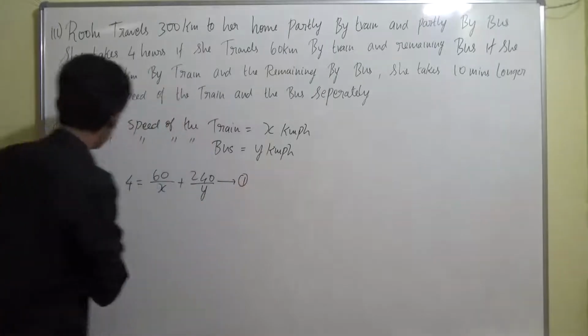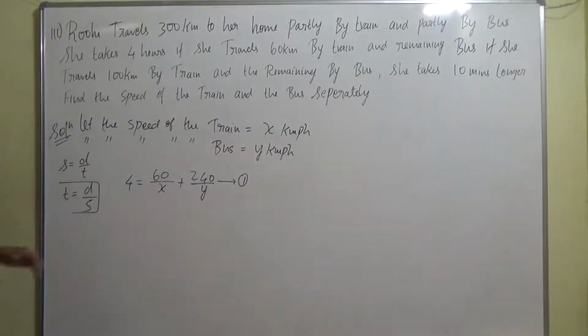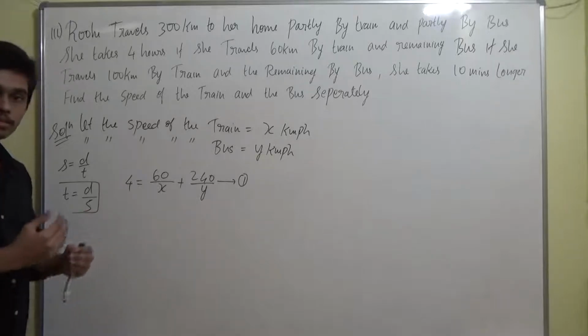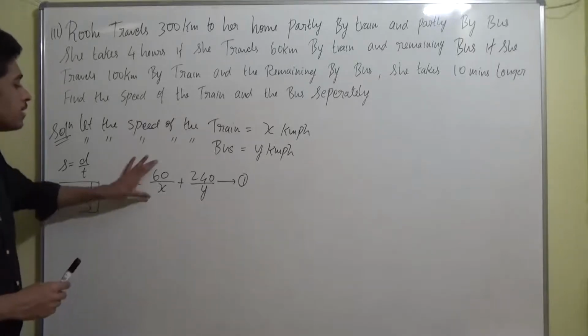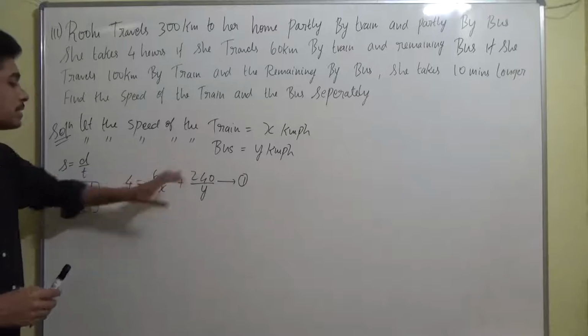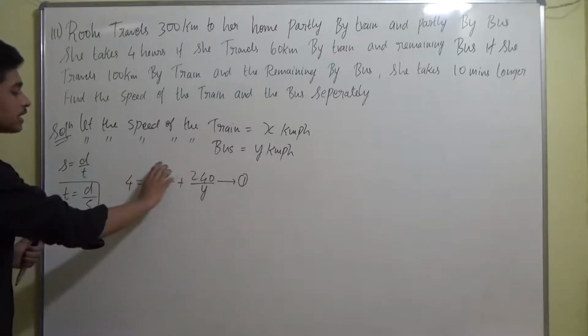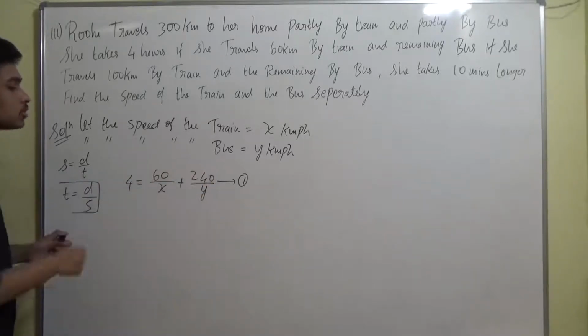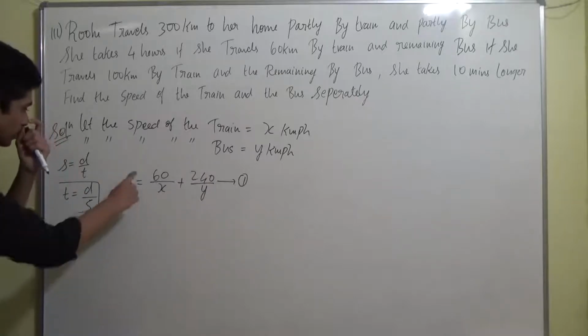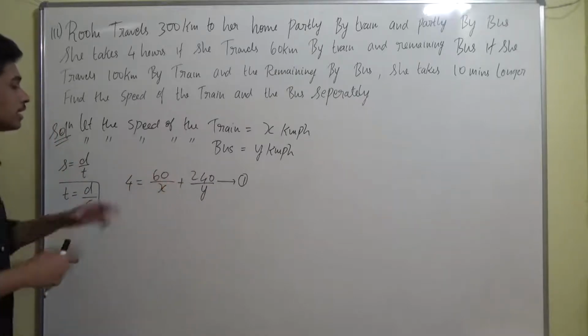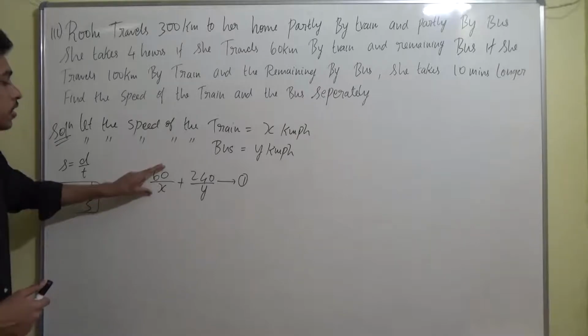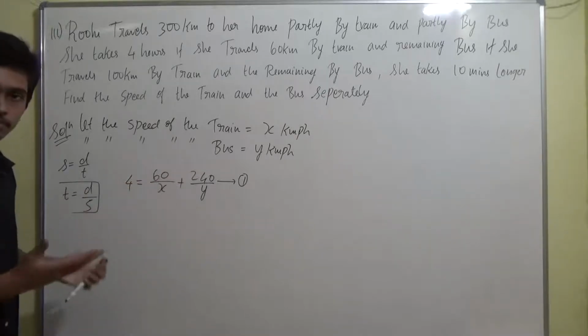Getting it? From the formula, time equal to distance by speed, the total time taken after the combination of partially by train and partially by bus, this journey would take some time, and this journey also would take some time. The total time is a combination of the individual times of the journey of the train and the journey of the bus.